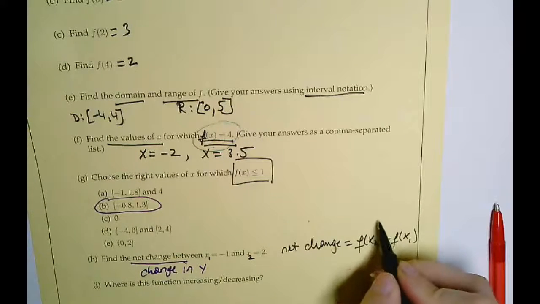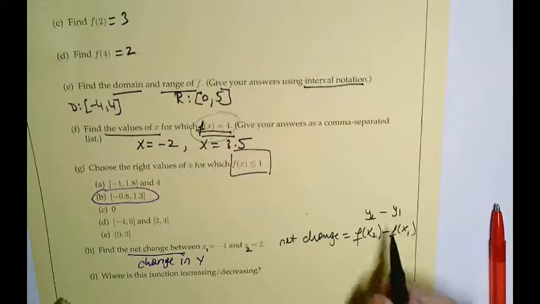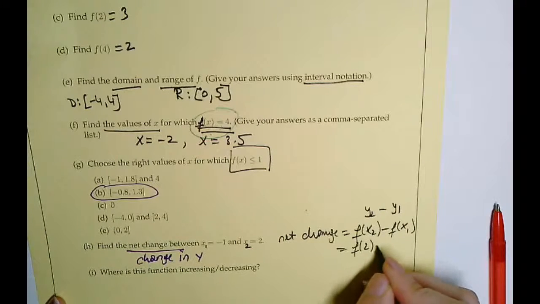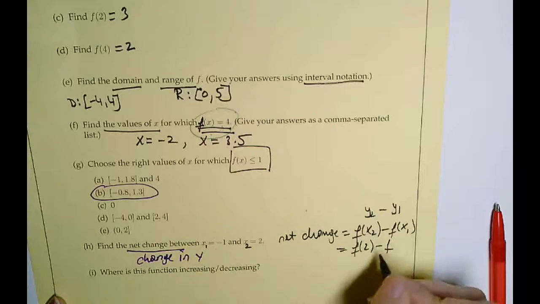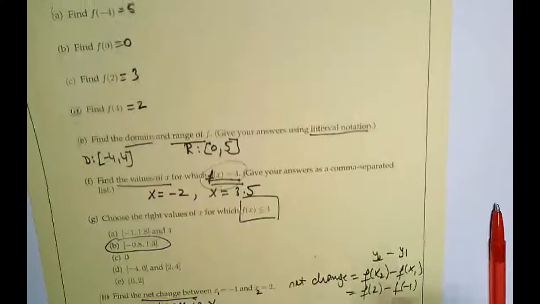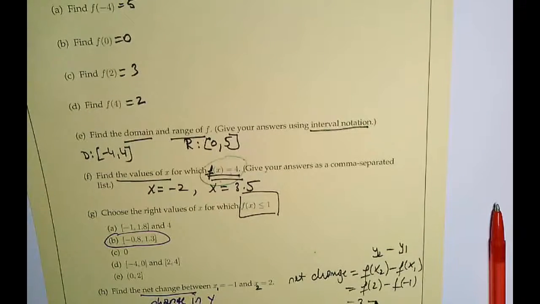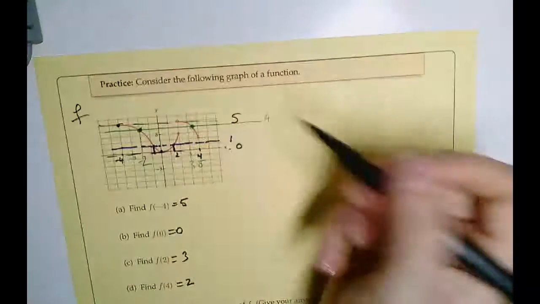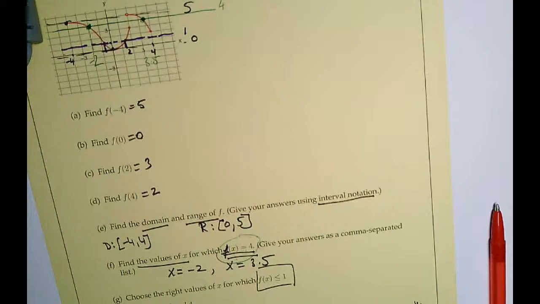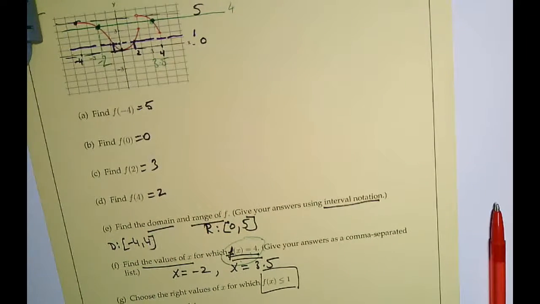This is your y2 minus y1. And x2 is 2, so it will be f of 2 minus f of negative 1. What was f of 2? f of 2 was 3. And f of negative 1 looks like 2. So the answer is 1. The net change is 1.